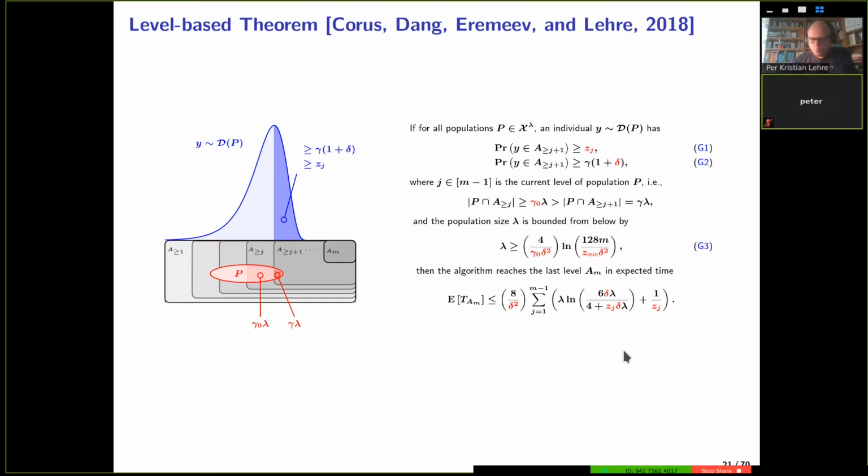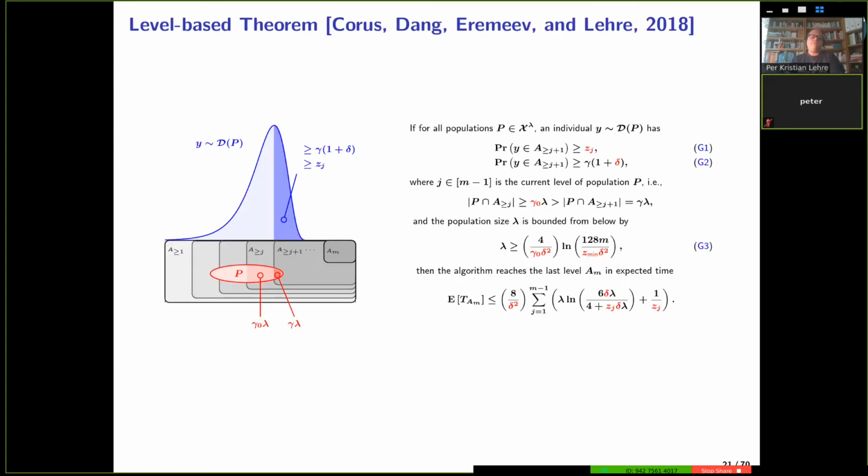It depends on the population size, it depends on the upgrade probabilities, and it depends on this multiplicative factor here, delta. So the runtime bound will increase if lambda increases, and it will increase if zj, these upgrade probabilities, are smaller. It will also increase if delta is smaller.